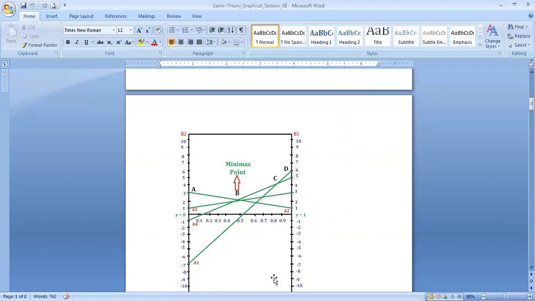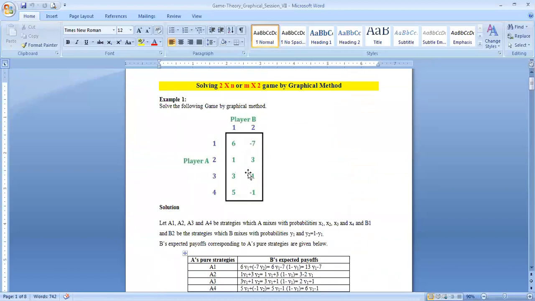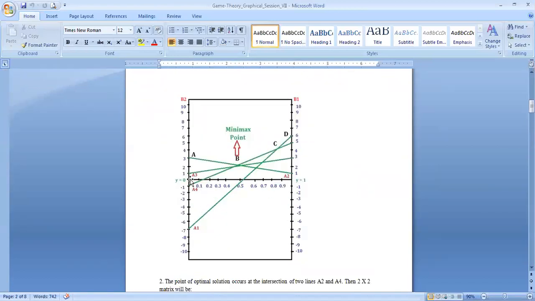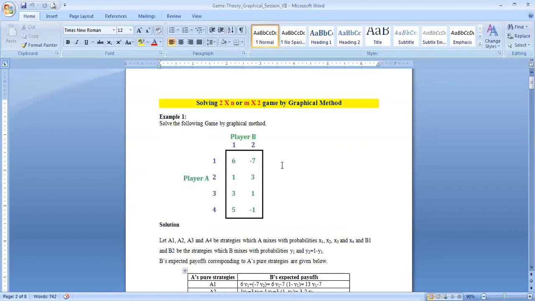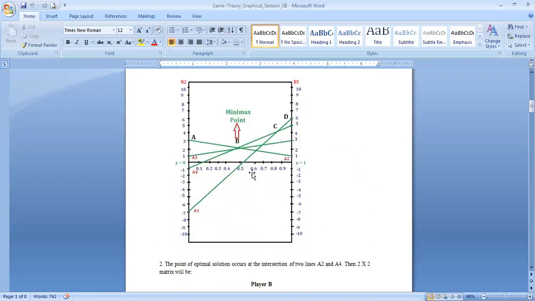Suppose negative cost elements are present in the game. If there were only positive values, there would be no need to take negative values; the baseline would be 0 and everything above would be positive. Here, since negative values are there, I have taken the line at the center and marked the negative values below.